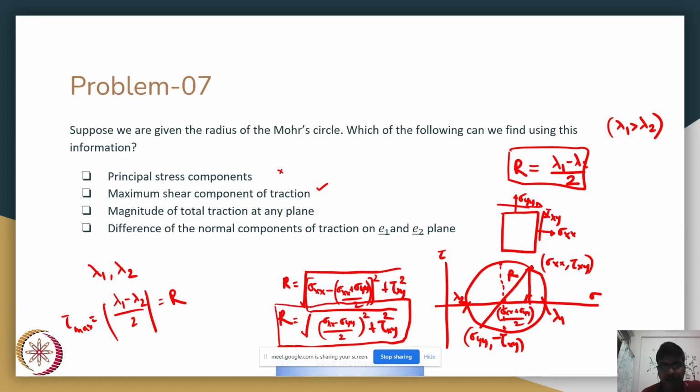Can we find the magnitude of total traction on any plane? If we want to look at the X plane, the traction on X would be something like this. Can we find the total magnitude?